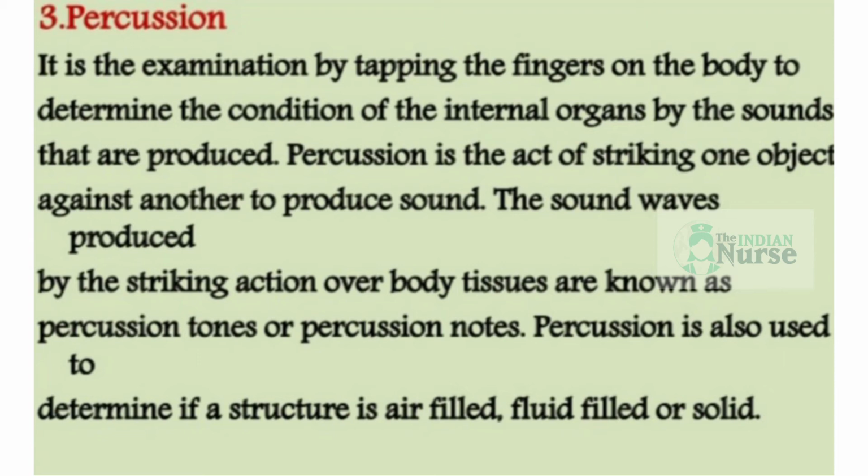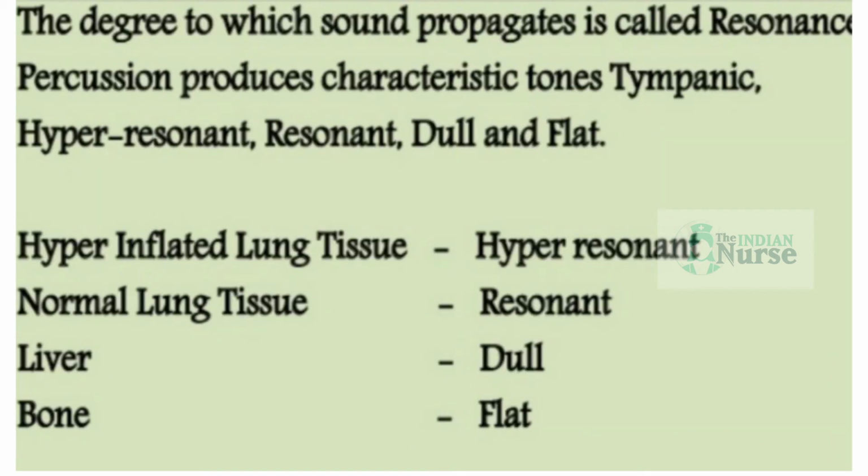The sound waves produced by the striking action over body tissues are known as percussion tones or percussion notes. Percussion is also used to determine if a structure is air filled, fluid filled or solid. The degree to which sound propagates is called resonance.